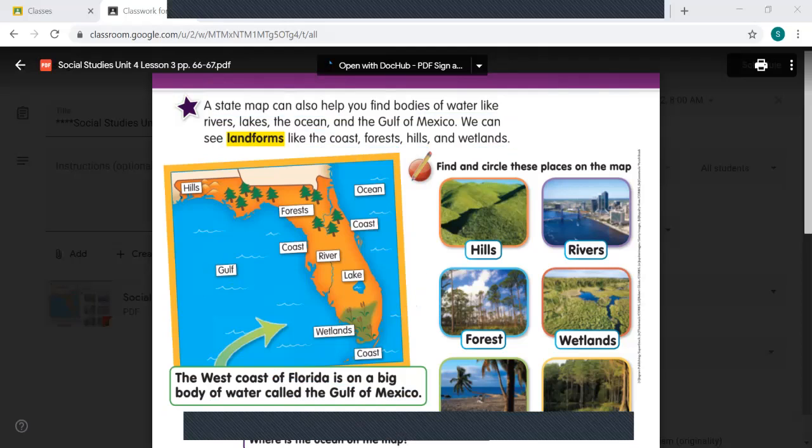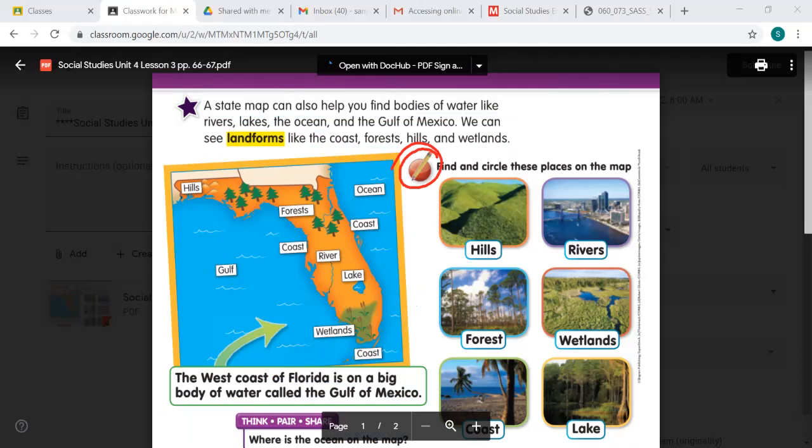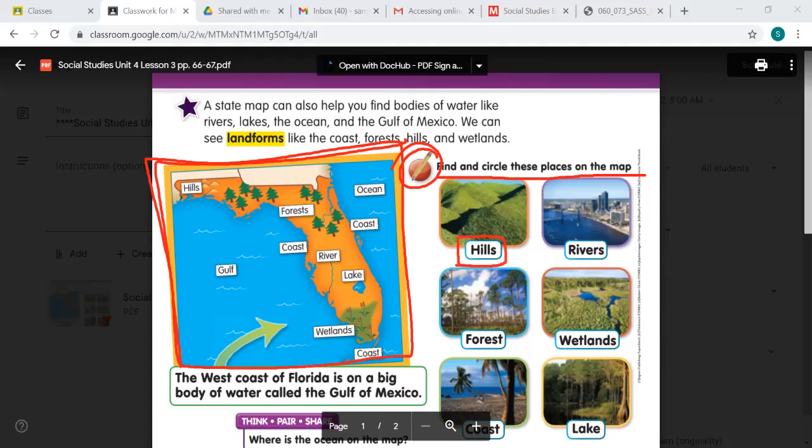Okay, so let's look over here. It says find and circle these places on the map. Here's our map. It's showing the landforms and it is showing the bodies of water. So let's look at each of these pictures.